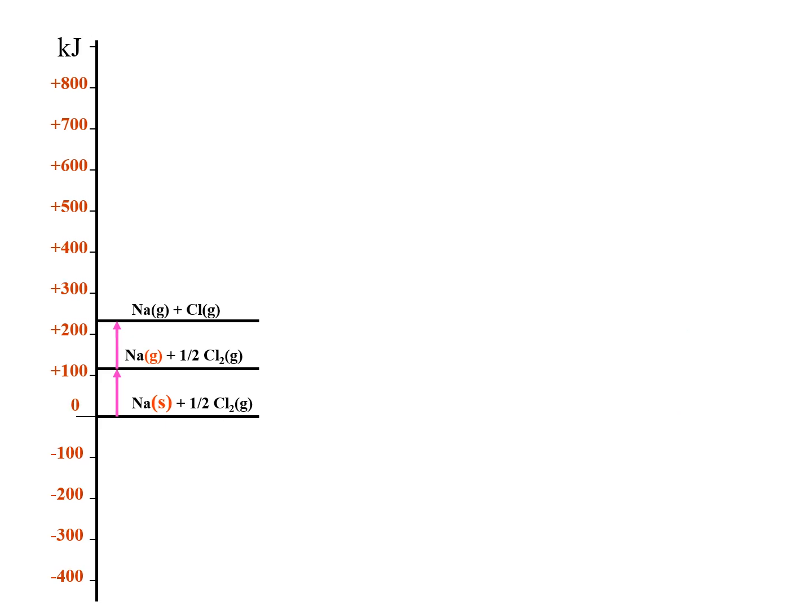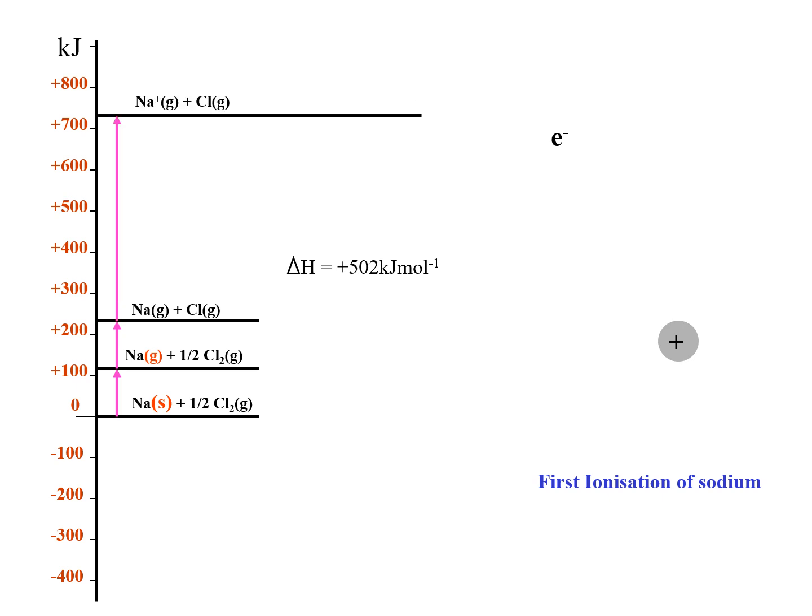So the first thing we do is we ionize the sodium. And that involves removing an electron. And that leaves you with the 1+ ion. That's endothermic as well. And at this stage, we've got Na+ gas and Cl gas.